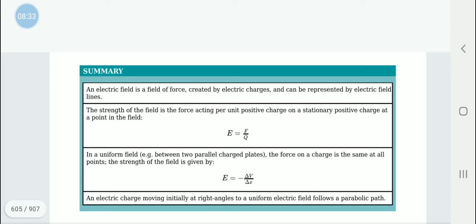The most important ones are E equals F upon Q and E equals negative delta V upon delta D. If it is a uniform field, the force on the charge is going to be the same, and we get negative delta V upon delta X, where the separation is once again used. Then an electric charge, if it moves at right angles to the field lines, would take a parabolic path.